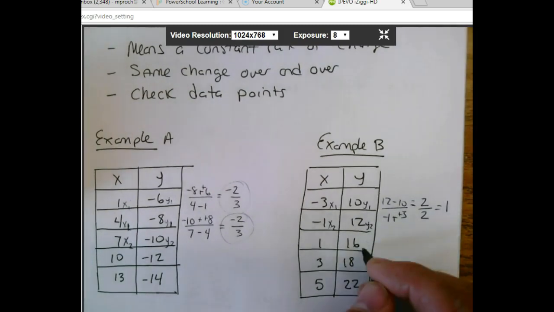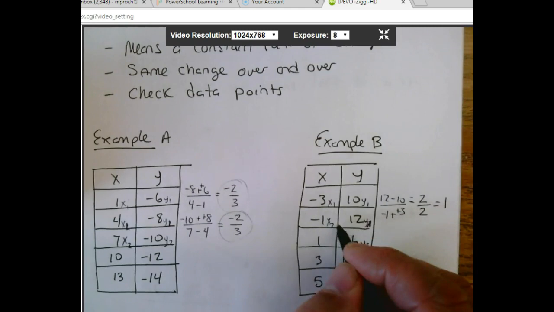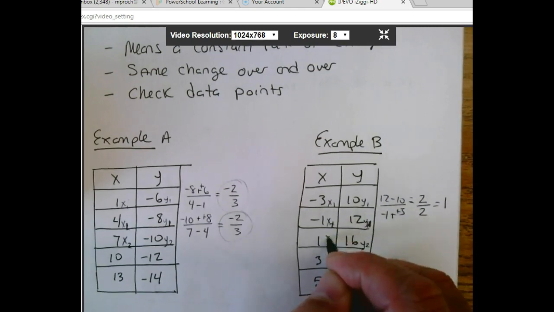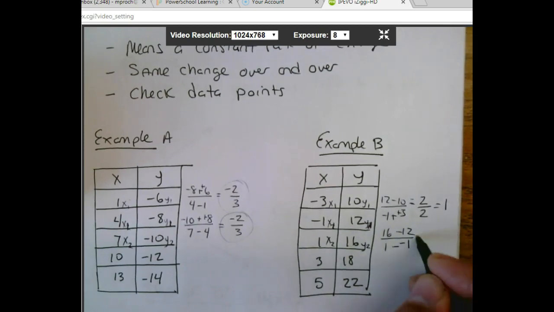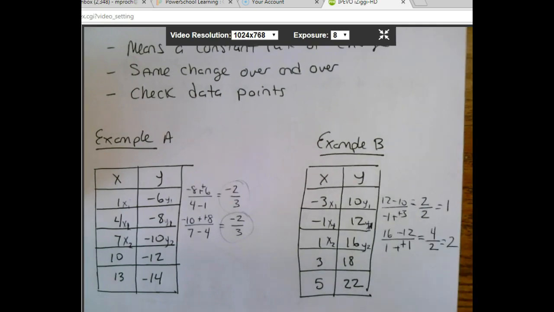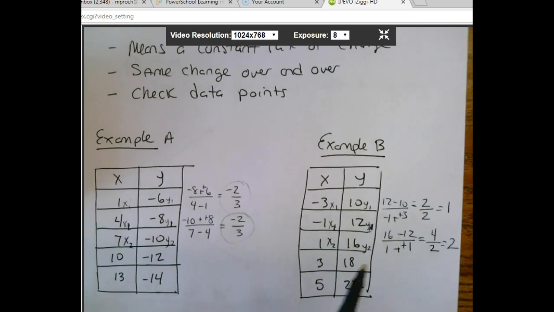And we'll make this y2 then, this y1, this x1, this x2. Then we do the y again, 16 minus 12 over 1 minus a -1. Okay, and then we might see 16 minus 12 is 4, and then this is going to be 1 plus 1. It is 2, because we changed the sign and add. So now we have a rate of 2 instead of 1. So this rate of change is not constant, it's changing.